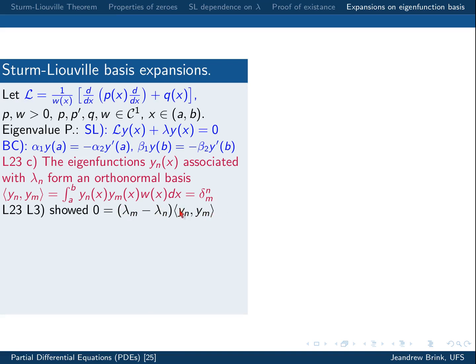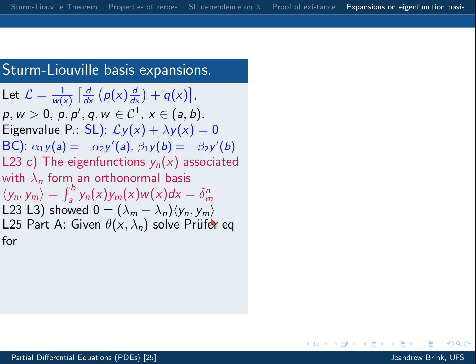So this results in either lambda m equals lambda n, in which case we have to do more work, or the inner product of the eigenfunctions for lambda n and lambda m is 0. So if n is not equal to m, the delta function equals 0, and that's proved here.